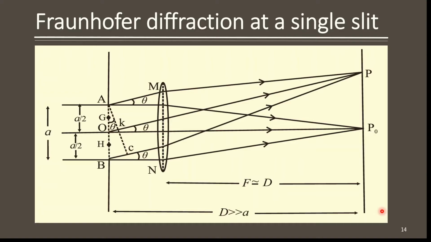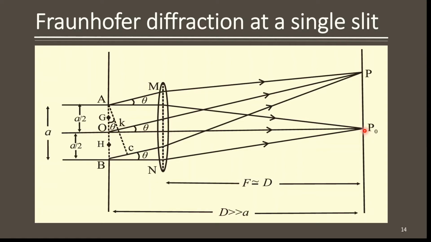That is, D is greater than a. Let O be the center of the slit AB. There are two sets of parallel rays originating at the slit elements. The central and symmetric beam focuses at the central point P0.